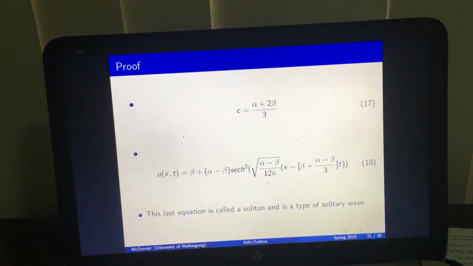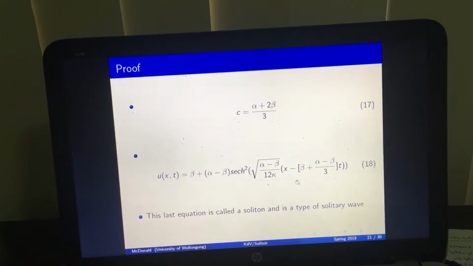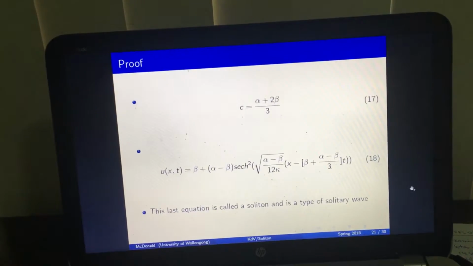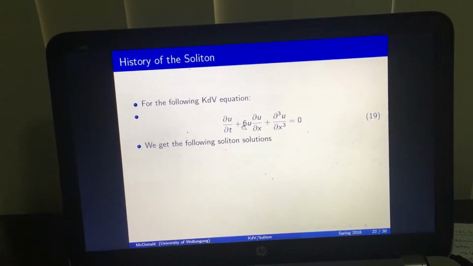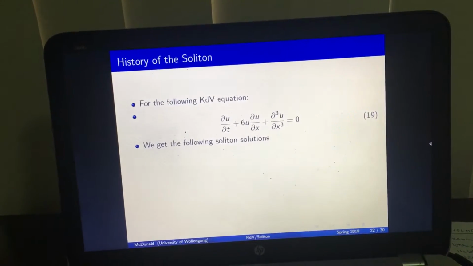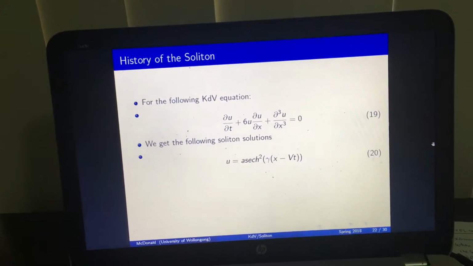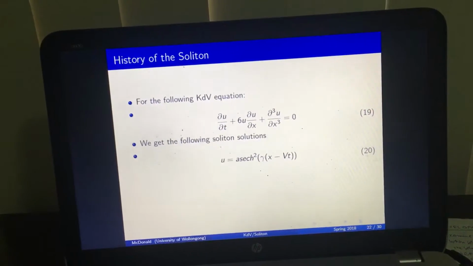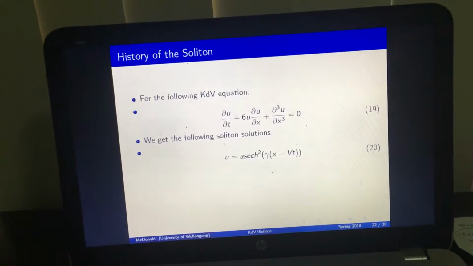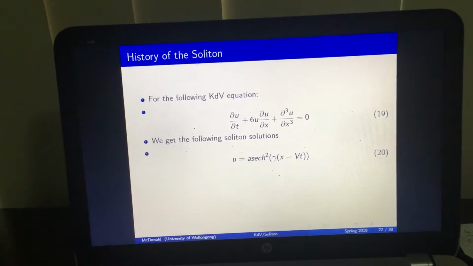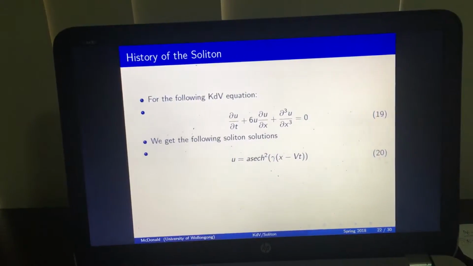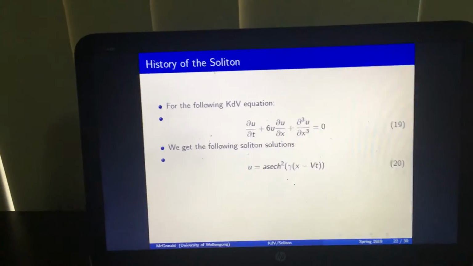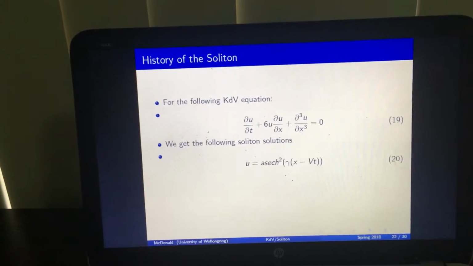And that looks very similar to this equation number 18, but this was a slightly different KdV equation with the constant 6 with the nonlinear term. So we get this here, and the wave number is gamma, the speed is v, and the amplitude is A. And x is space and t is time.